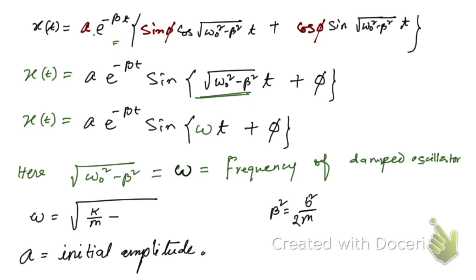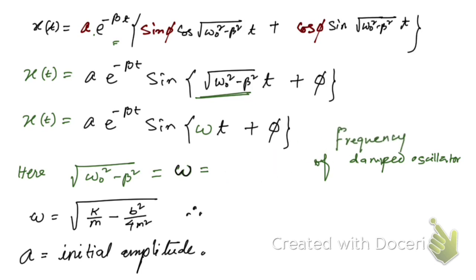So beta square will be b square by 4m square. So this is the angular frequency.